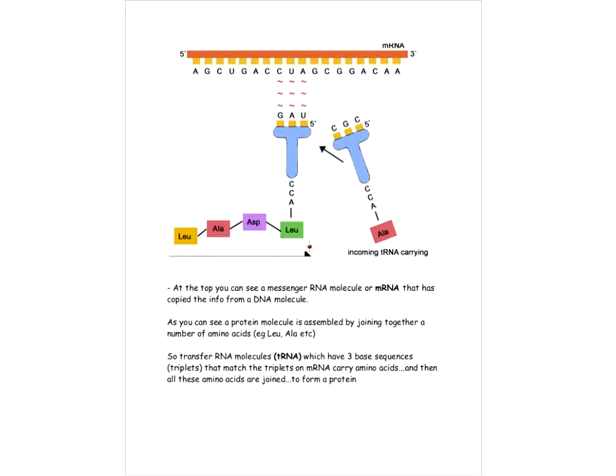So transfer RNA, that's this one right here, has a 3 base sequence. This is known as a triplet. This 3 base sequence is going to match with a triplet on messenger RNA. So we're going to find another 3 base sequence, and it's going to match together with this one.